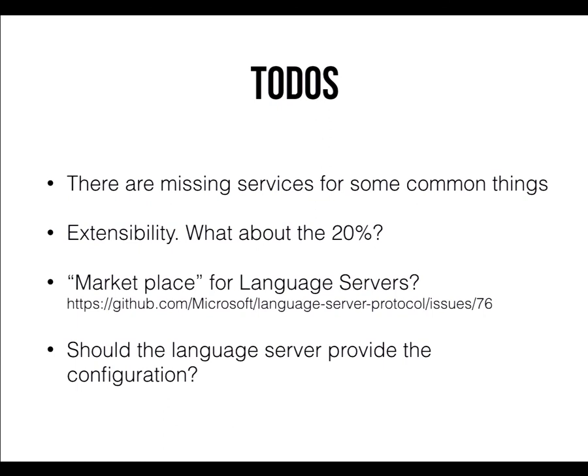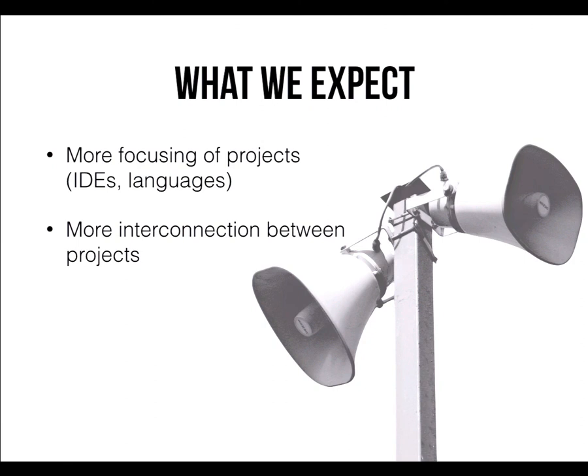So how does an end user install a new language support? Of course, every system has its own plugin mechanism. But wouldn't it be nice if I could just deploy my language to some sort of standard language server registry, and then the different tools would look it up there, and it would be self-contained? That's stuff that could be discussed, and there are different people interested in that. So this is bug number 76 if you want to join in there.